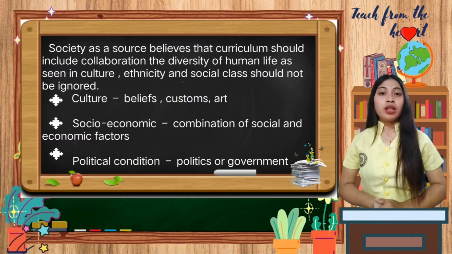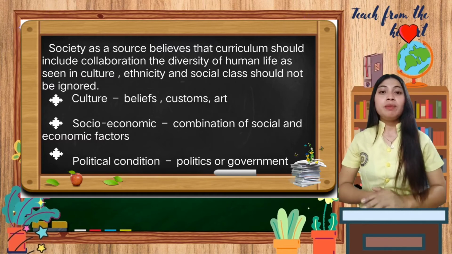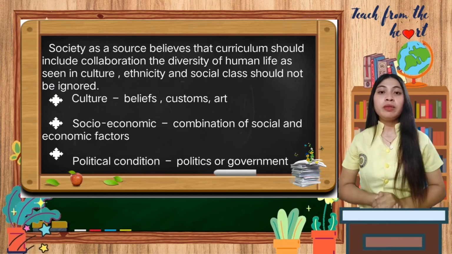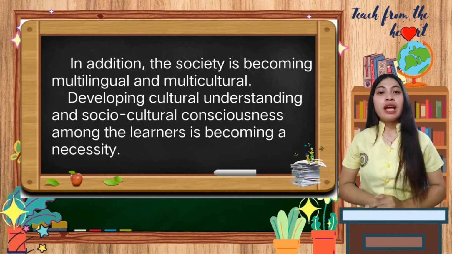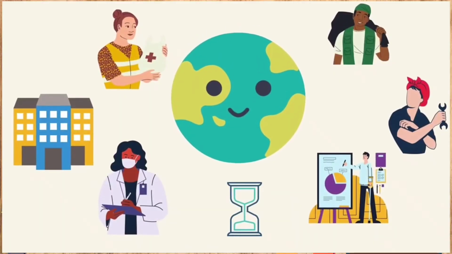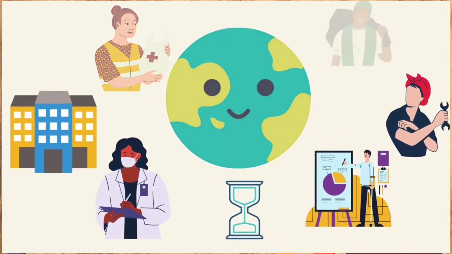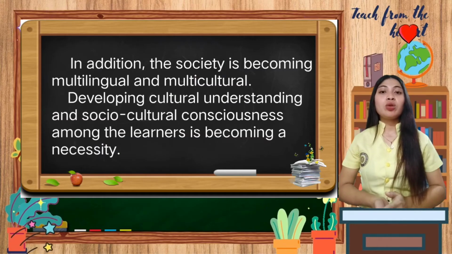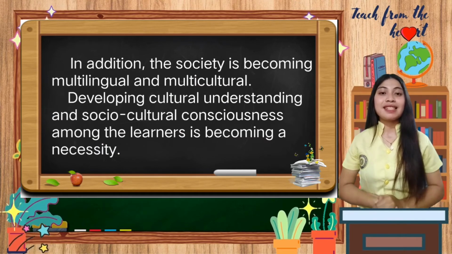For example, 21st century skills and new forms of knowledge should be developed in the curriculum in order to develop a world-class workforce. In addition, the society is becoming multilingual and multicultural. Developing cultural understanding and socio-cultural consciousness among the learners is becoming a necessity.